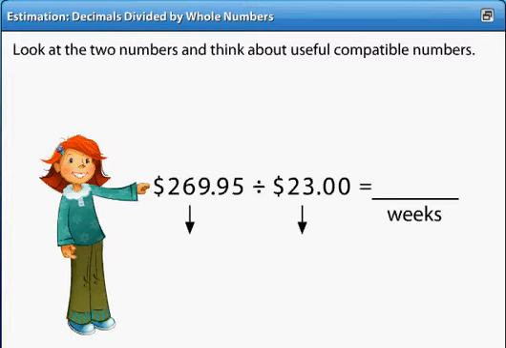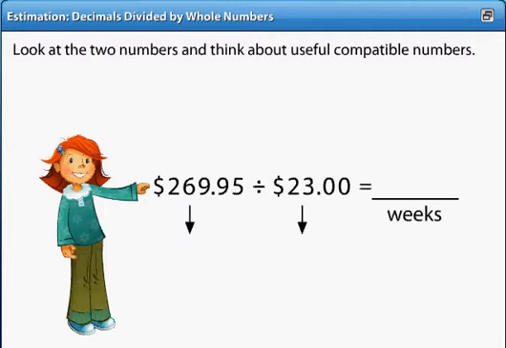Geez, you could do a bunch. If you change this to 20, this could be 280, it could be 300, it could be 260. If you did this to 25, you could change this to 250, 275, 300. I mean, you could, I guess, technically round this up to 30. That's a pretty big overestimate.